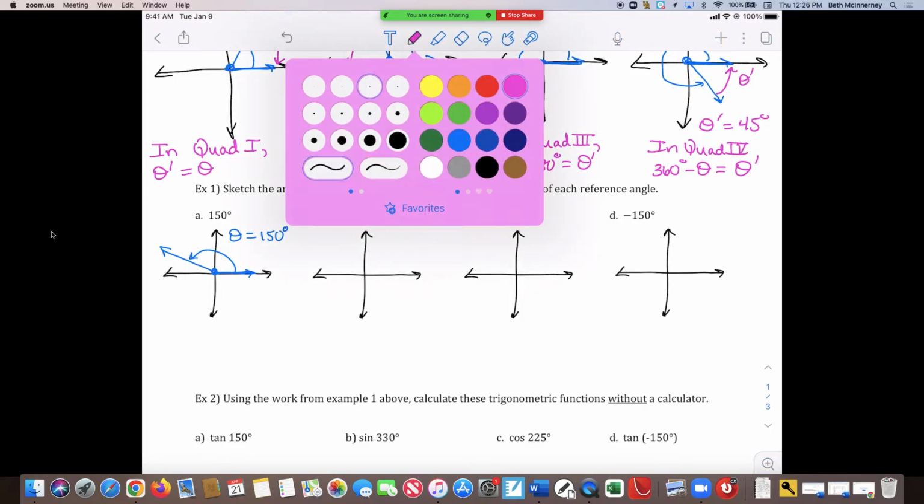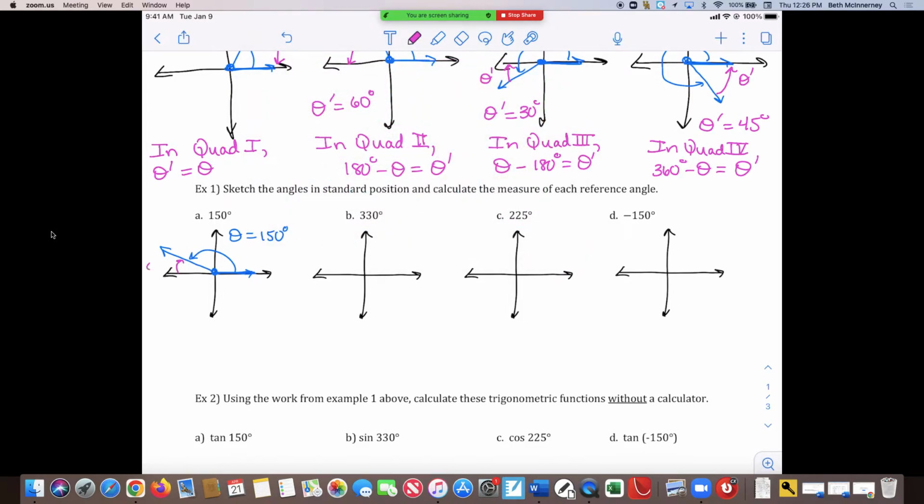Then my reference angle, theta prime, is how far am I from the x-axis? So I take 180 minus 150, so theta prime is 30 degrees. Can you give me thumbs up? Did we get that? Did you get 30? Can I see more thumbs? You got it? All right, awesome.